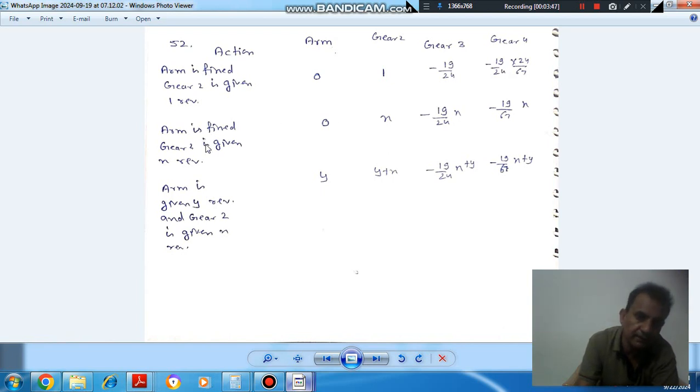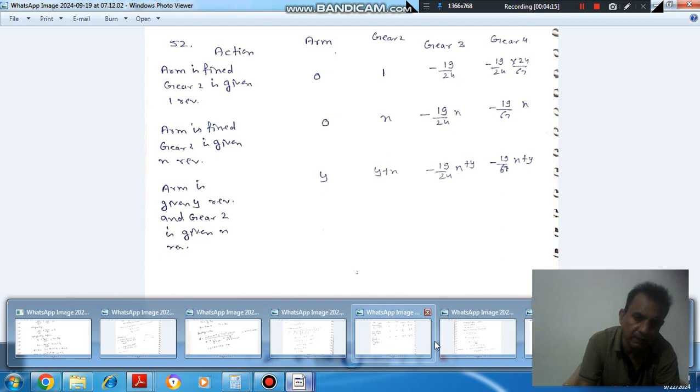Now the second action: suppose instead of 1 revolution, gear 2 is given x revolutions and the arm is fixed. So here it will be 0, and the others are multiplied by x. Now the arm is also given y revolutions, so we add y to all of these. So y, x plus y, minus 19 by 24 x plus y, minus 19 by 67 x plus y.